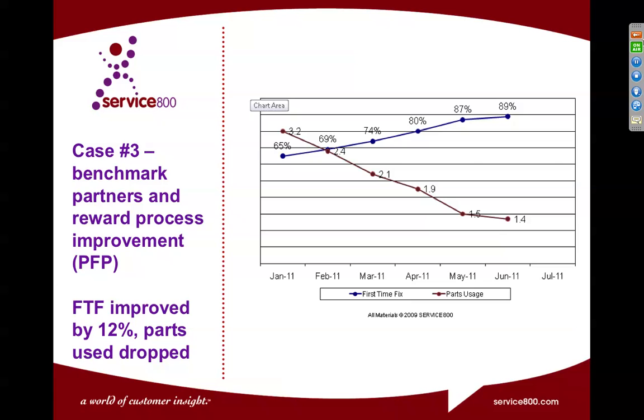In this case, this company established a program where they would reward those partners and dealers who would be able to increase their customer satisfaction, decrease their parts per call, and increase their first-time fix over time.